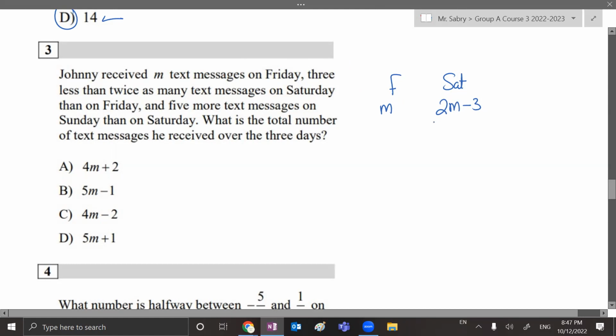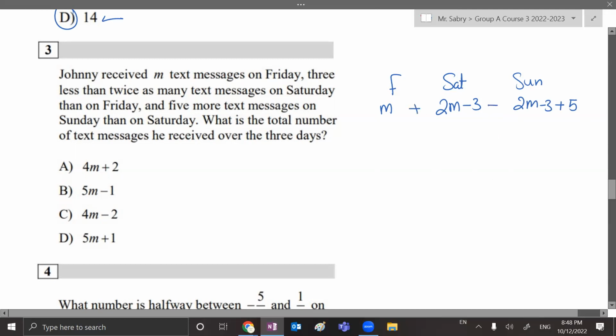Now 5 more text messages on Sunday than on Saturday. So on Sunday, on top of what he already got on Saturday, he added another 5 more text messages. What is the total number of text messages that he received over the 3 days?